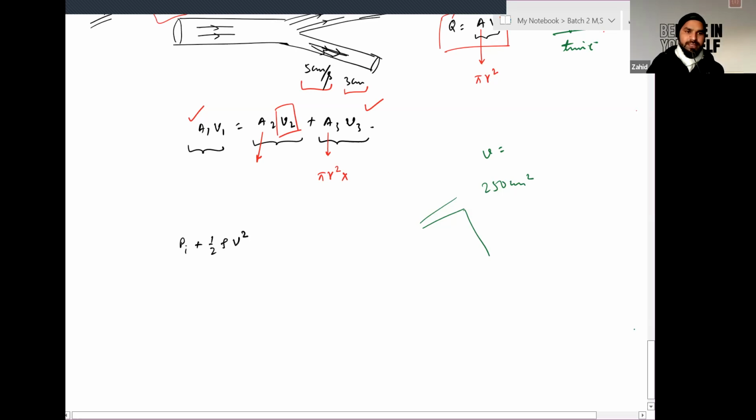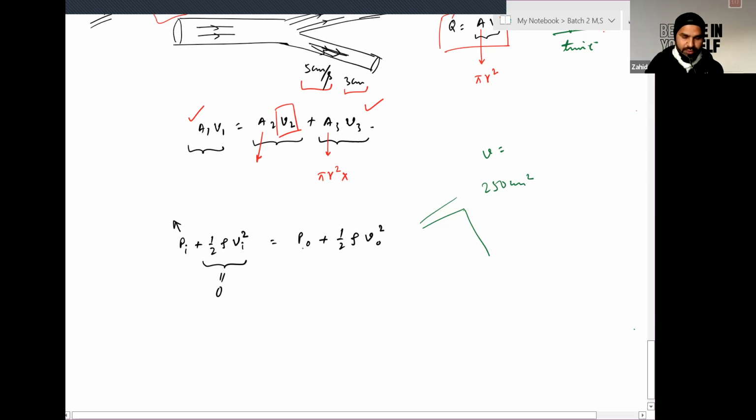Let's say we are considering it first inside, P inside plus half rho v squared equals pressure outside plus half rho velocity outside squared. Since inside there will be no movement of air, this particular term equals 0. Inside pressure is maintained at atmospheric pressure, so this will be 1 atm.